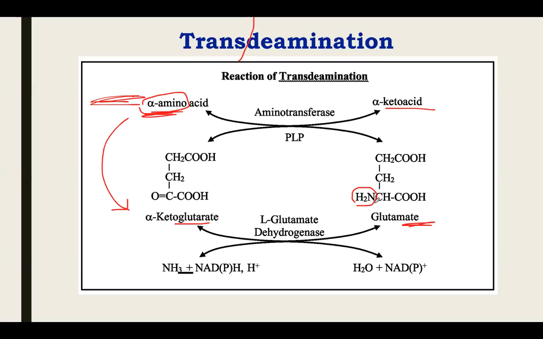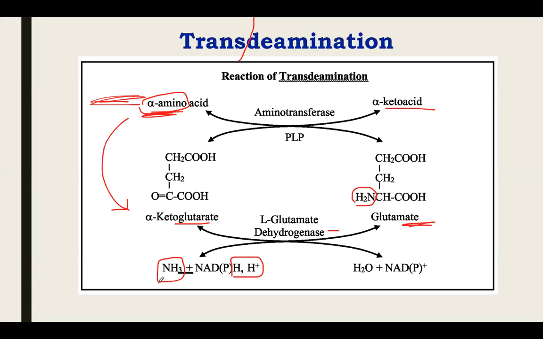Again, I want to remove the amino group from glutamic because the amino group is toxic. Nitrogen is toxic. By glutamate dehydrogenase, this is an oxidation because I removed hydrogen, and deamination because I removed the amino group in the form of ammonia. So this is oxidative deamination.